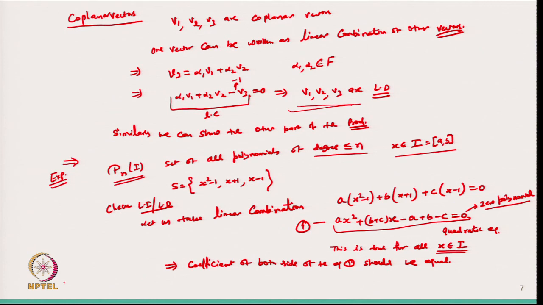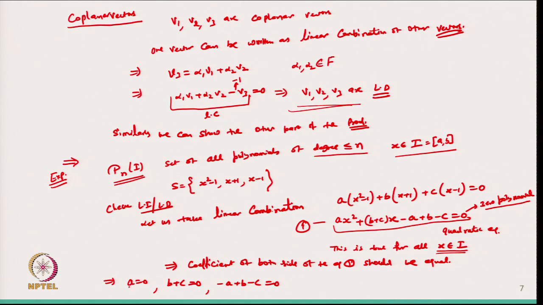So, this is possible if I compare the coefficients of x square, x and the constant. From here I can say that a will be 0, b plus c will be 0, and minus a plus b minus c will be equal to 0.